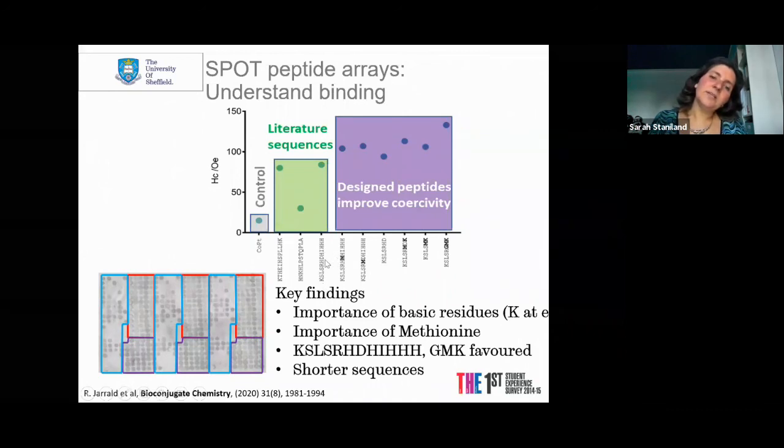But then we popped in a methionine, swapped out the acidic residues that didn't seem to be very helpful at all, and we've seen there's an increase in hardness, which is obviously that L10 coming through. Similarly, we tried popping methionine into different locations and then made shorter ones, and you can see that when we substituted in the two key motifs and then popped in a methionine as well, we could basically design, from the understanding we'd got, the best quite short peptide.